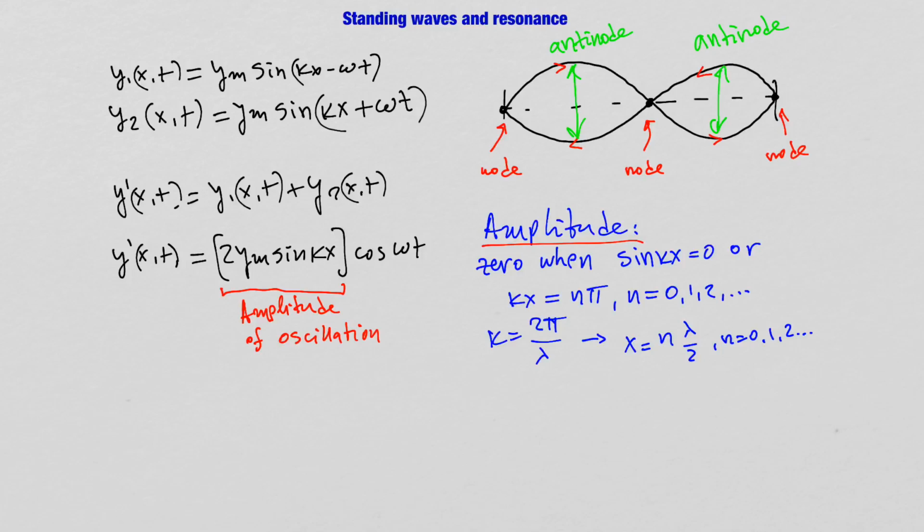So when I combine the 2 results here, I get my final expression for the position of the antinodes on the standing wave. So the position x is equal to n times lambda over 2. So the nodes are displaced by half of a wavelength. So this is for the antinodes.